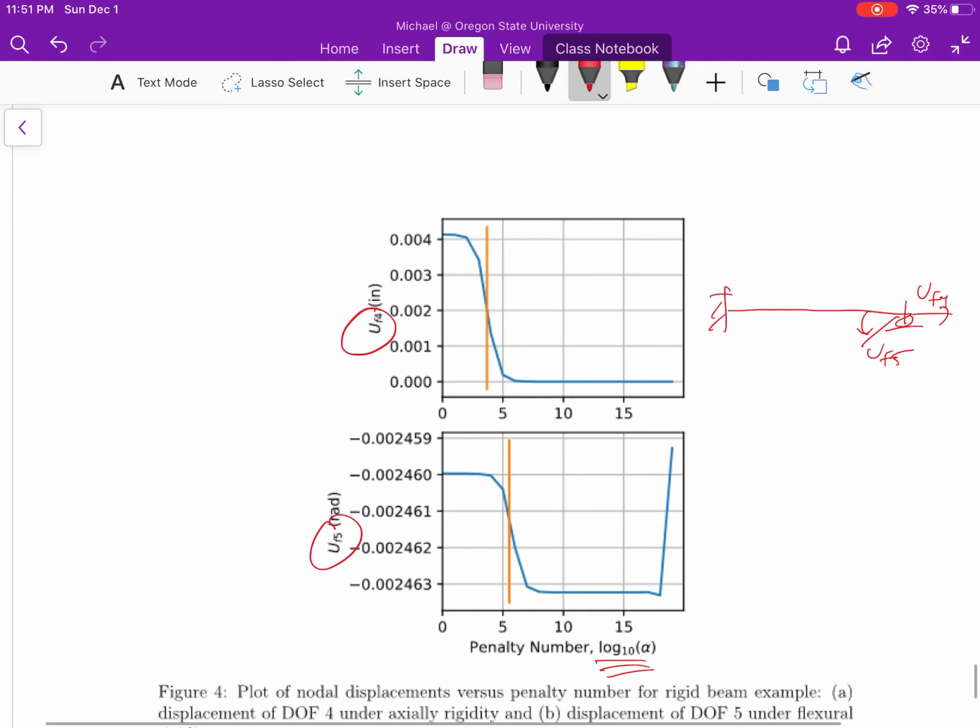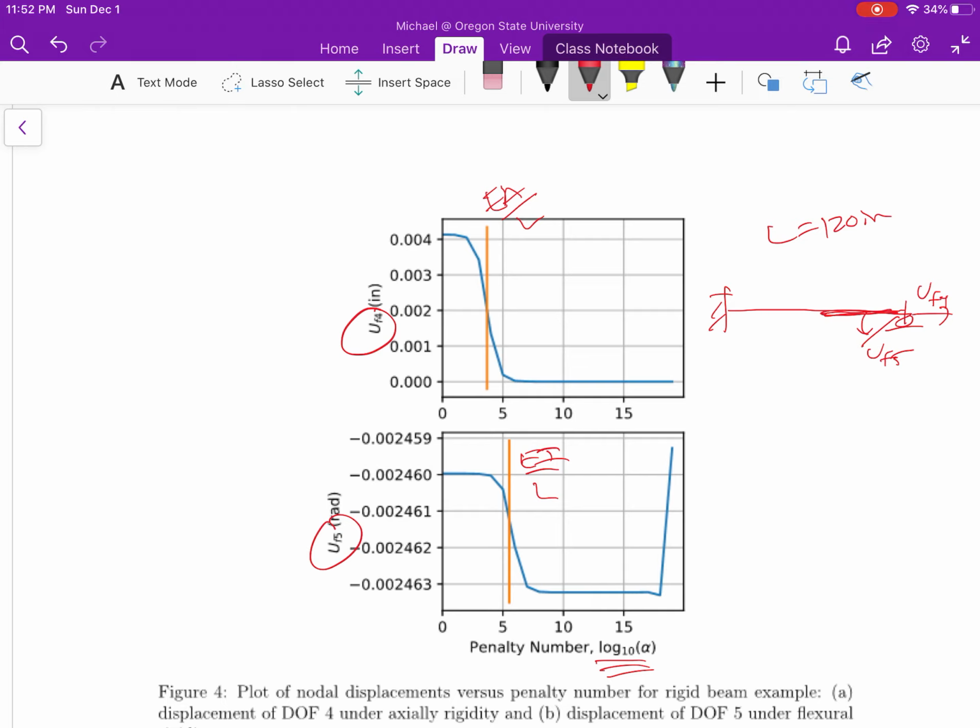This is log 10 on the scale, and this orange line here is our numerical value of EA over L for this element, where L is equal to 120 inches, just for this one element, not the whole 240 for the whole beam. And then this orange line down here is EI over L, not EI over 2, but EI over L, for the same 120 inch span.